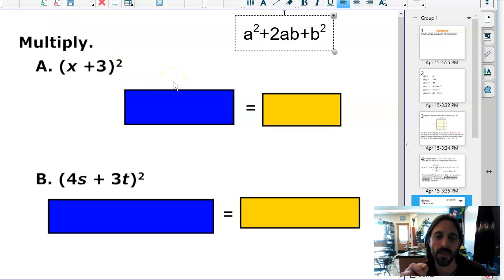Every time you have a binomial squared, a binomial added together, it's going to follow this pattern, a squared plus 2ab plus b squared, where the first term is a and the second term is b.